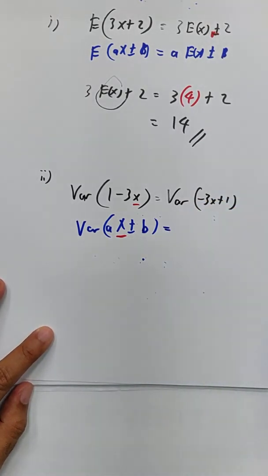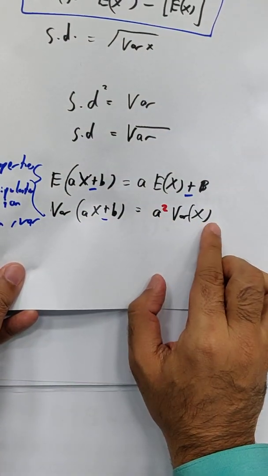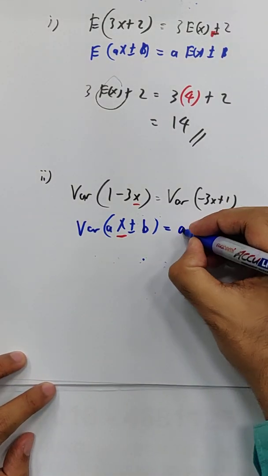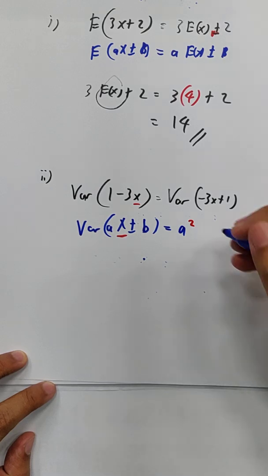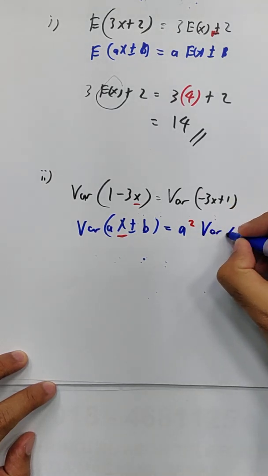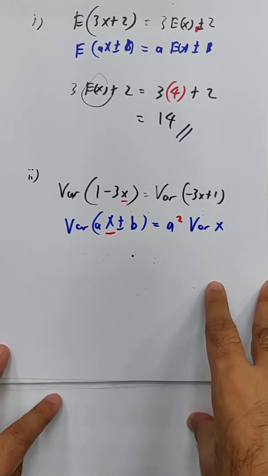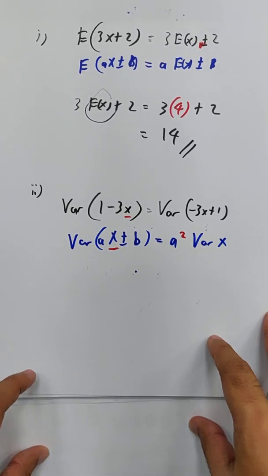And then the formula becomes a squared variance x. So what does it become for this one here? Try to think.